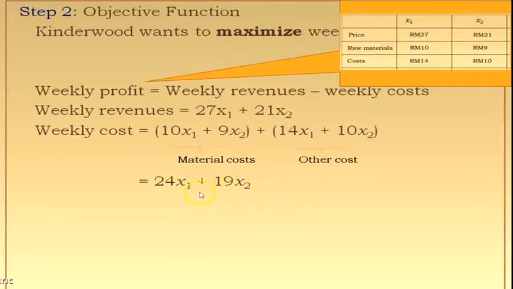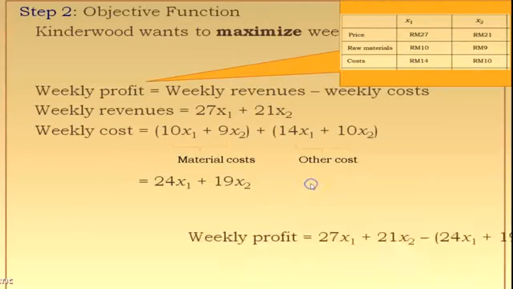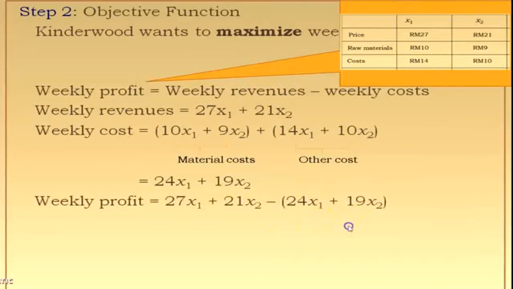Now, we substitute both equations into the formula to get Kinderwood's weekly profit. Which is, the weekly profit is equal to 3x1 plus 2x2. This is the objective function of Kinderwood's LP model.